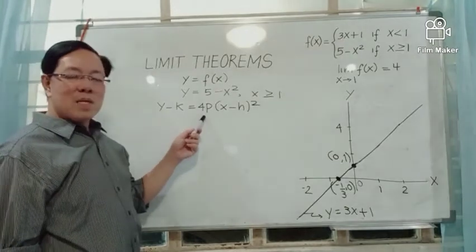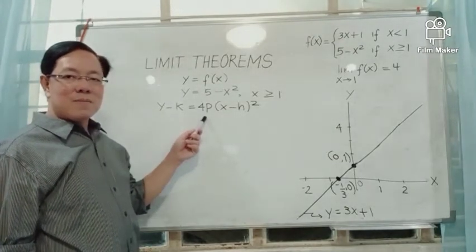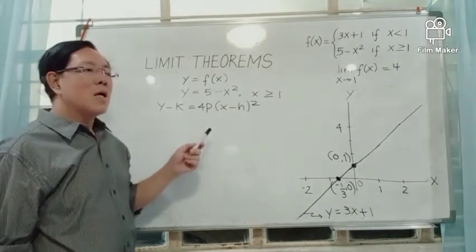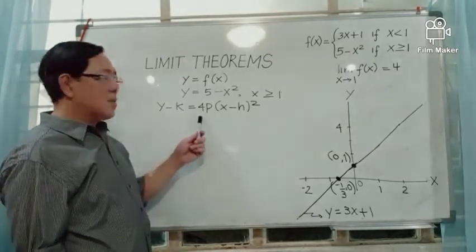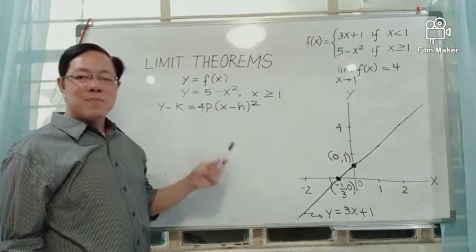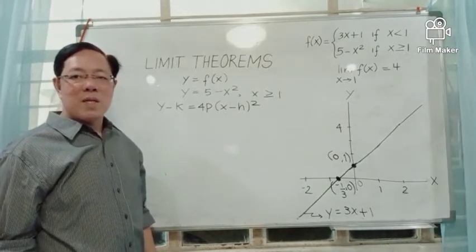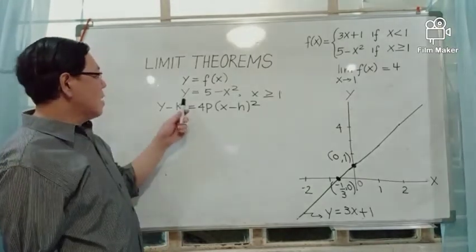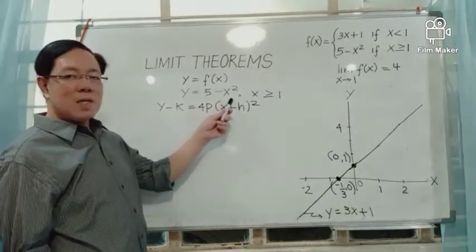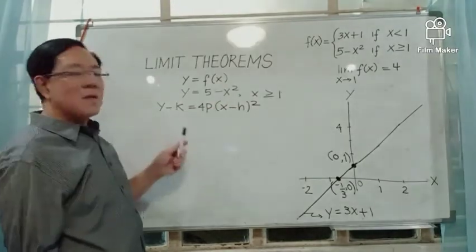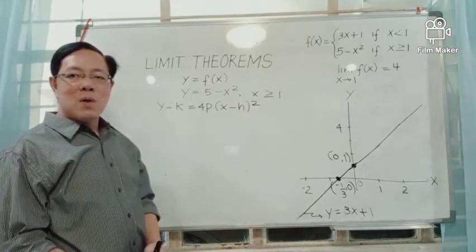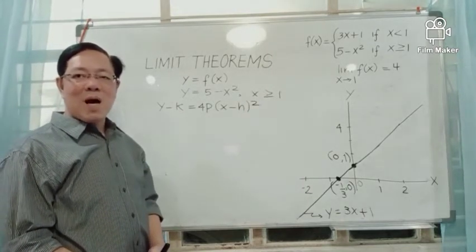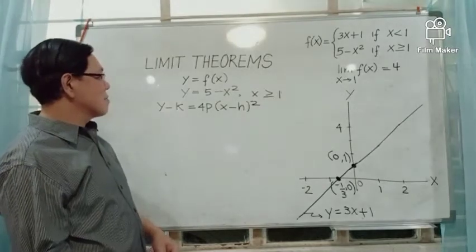If 4p is positive, greater than 0, then the parabola is open upward. If the value of 4p is negative, then the parabola is open downward.